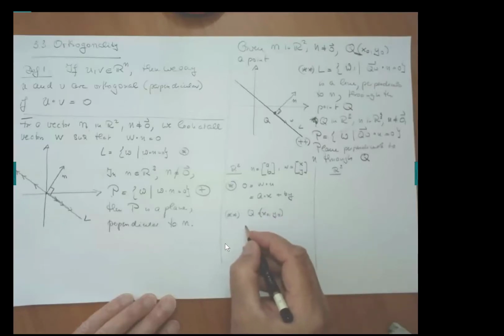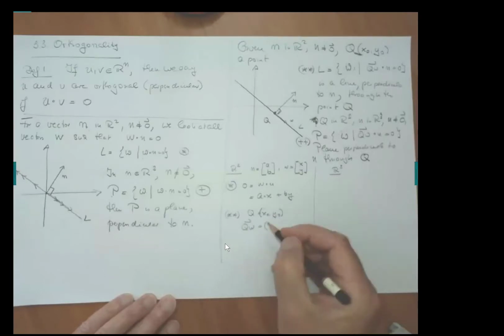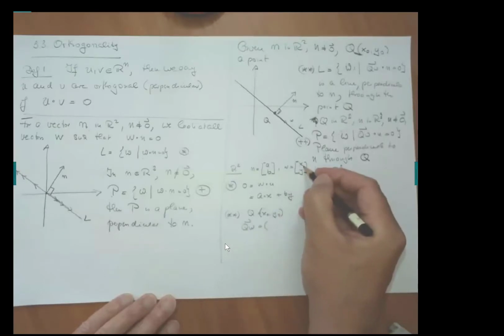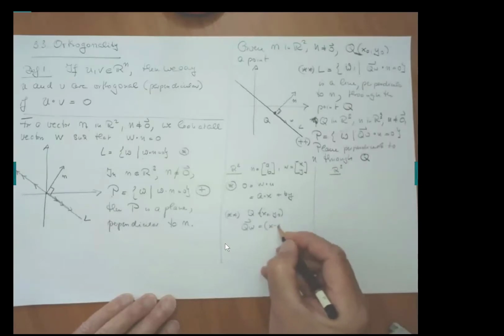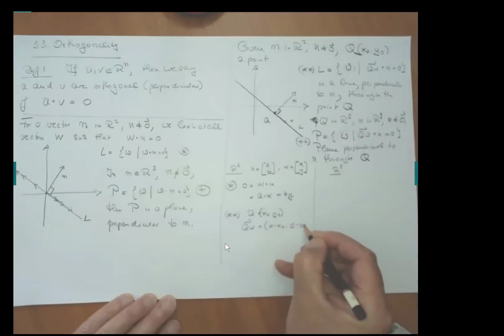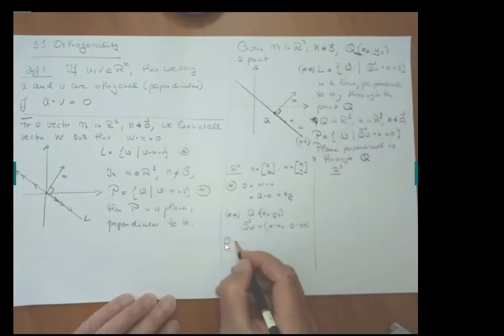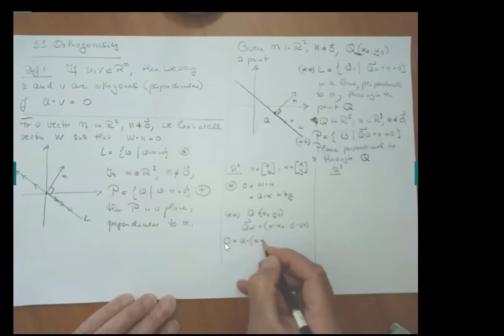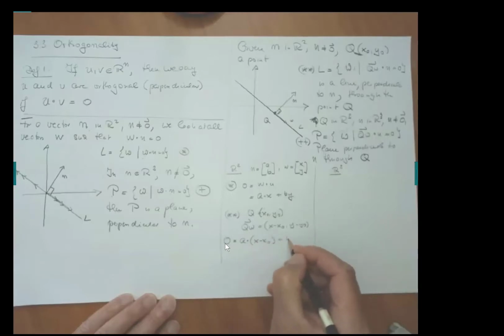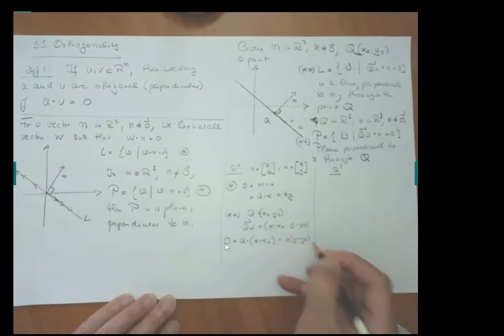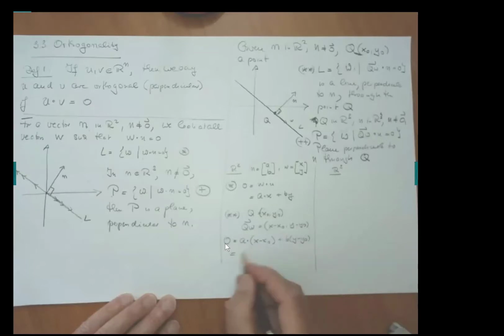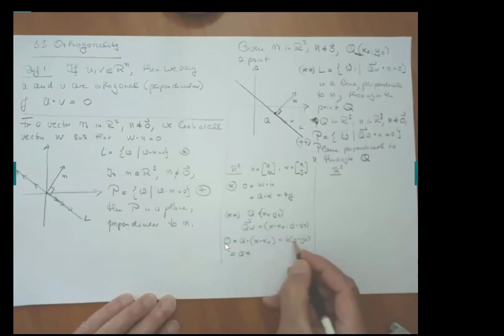And now the vector from Q to W is from here to here, I have to subtract the components. It is x minus x0, y minus y0. So this equation here becomes 0 is equal to a times (x minus x0) plus b times (y minus y0). Now I sort this out, a times x, b times y.